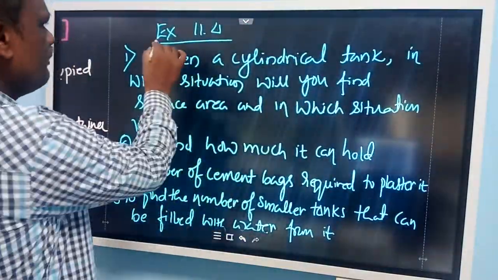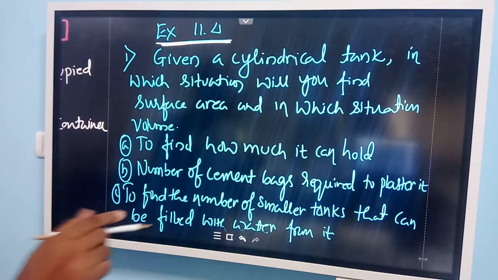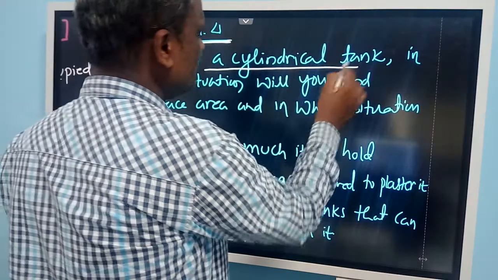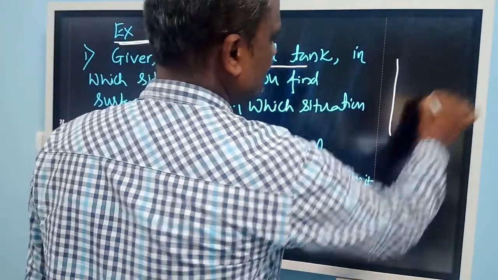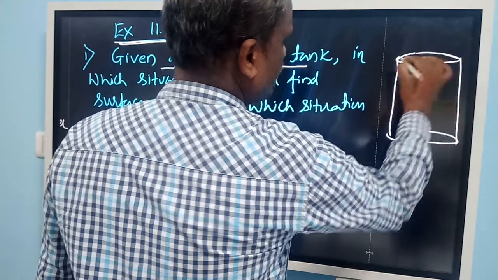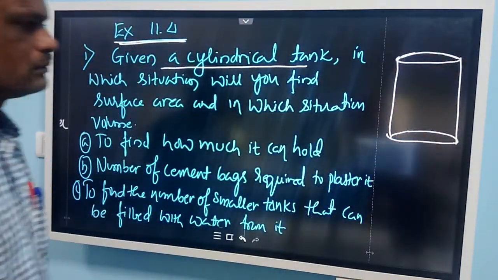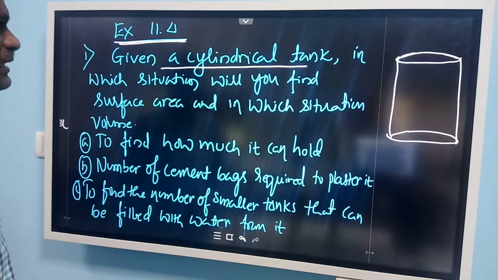Exercise 11.4. First question. Given a cylindrical tank. One cylindrical tank is given. So you can write like this: cylindrical tank.